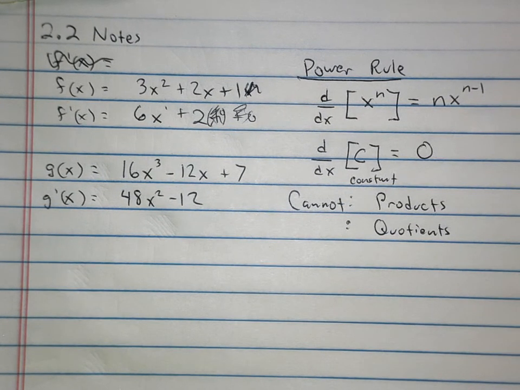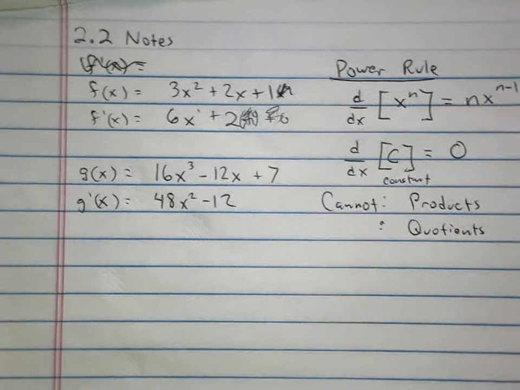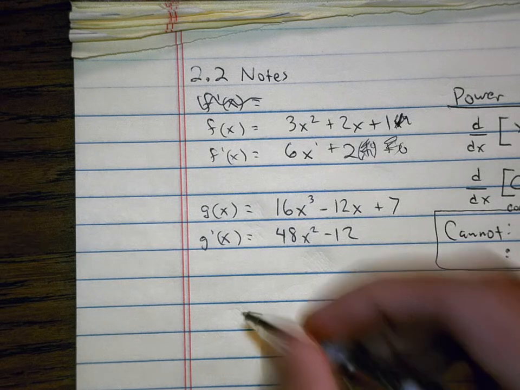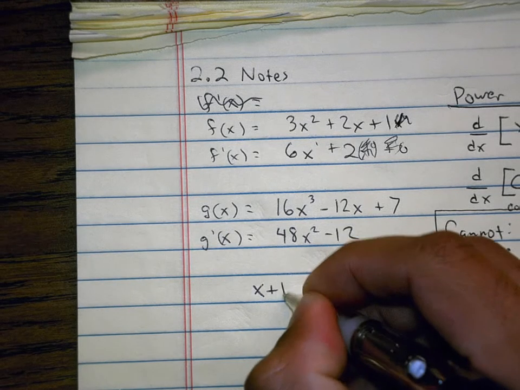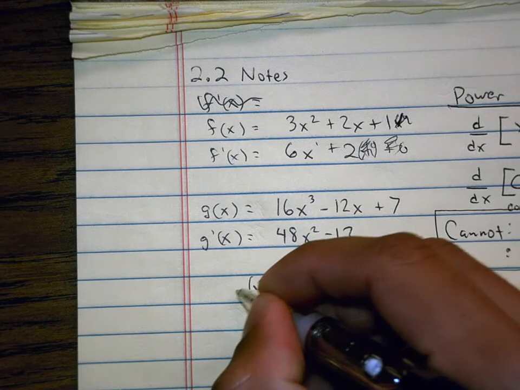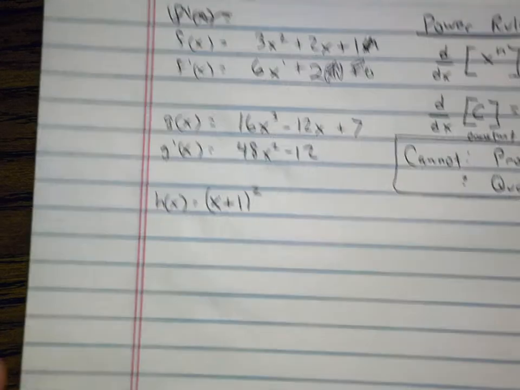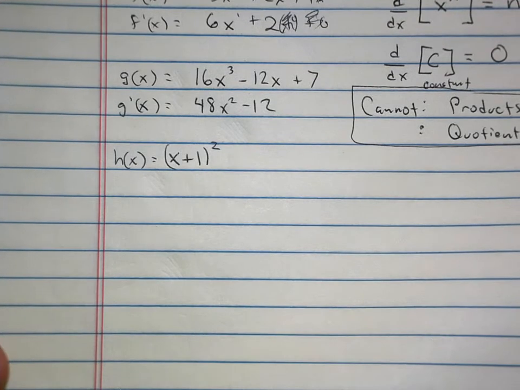Let me show you what I mean. Let's do something simple. We cannot use the power rule when there's products or quotients. Let's say I have x plus 1 squared, and that's my h of x. Let me move this up so you can see a little bit better.